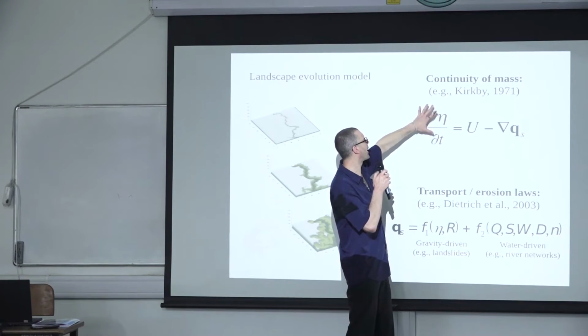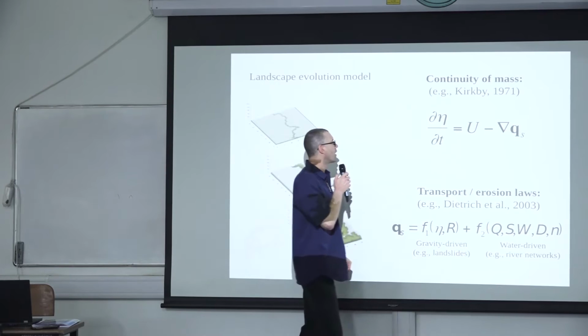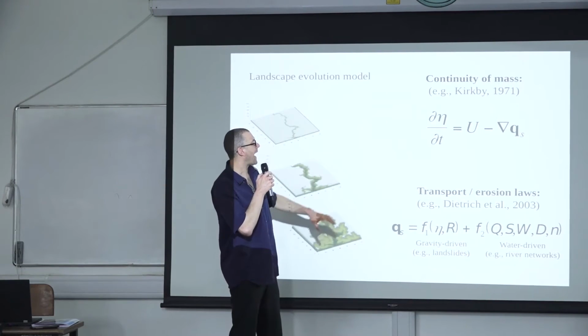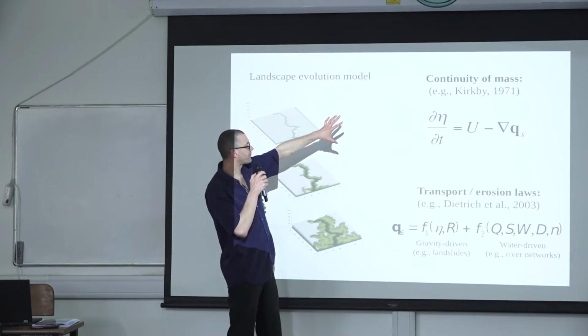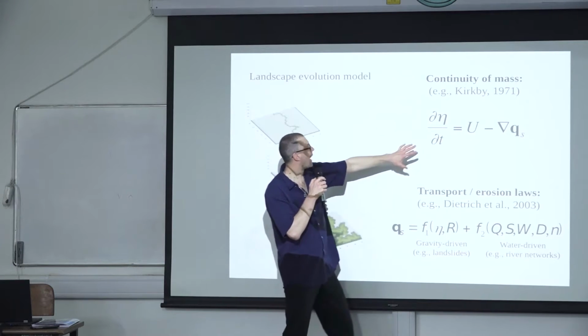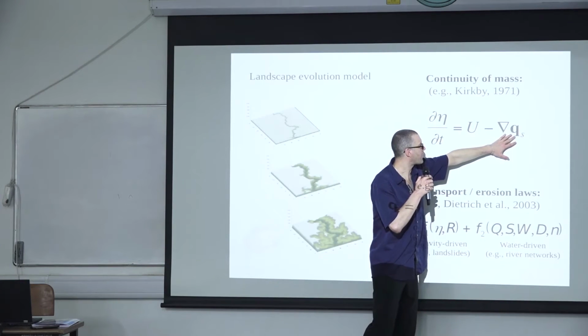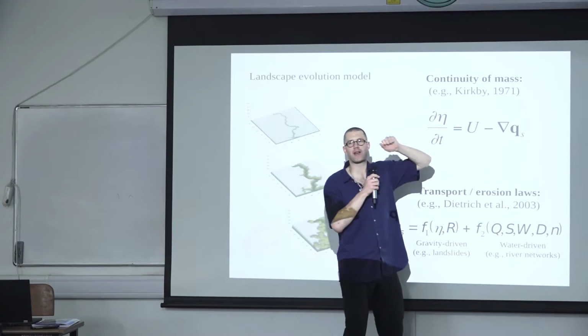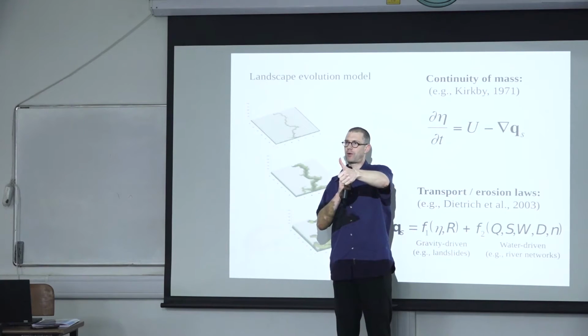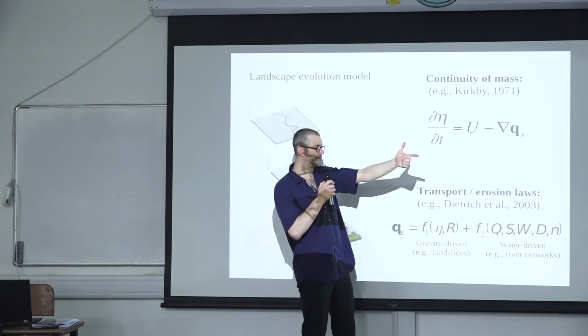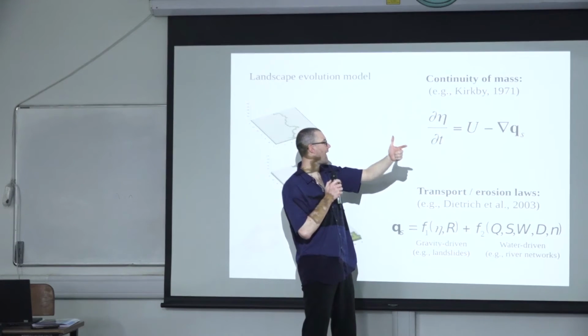This is just a way of writing the continuity of mass, and then we can say that the sediment flux is based on certain transport laws. We can say sediment flux is only based on hill slope transport, or sediment flux is based on river transport and advection as well.